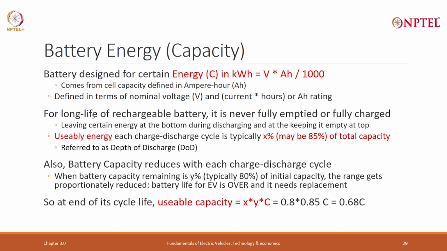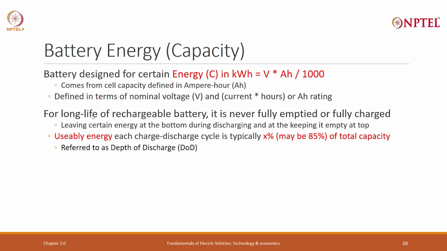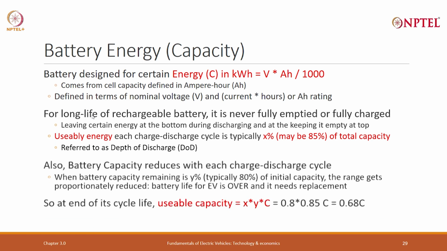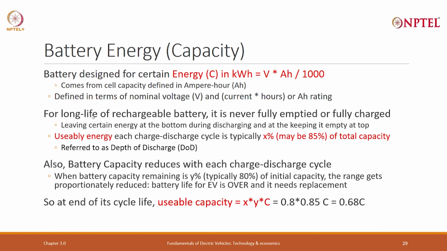Every charge-discharge cycle reduces the capacity. When the battery's remaining capacity is, let us say, 80%, then we will say range is proportionally reduced, and it is time for use of that battery in an electric vehicle to be over and you need a replacement.